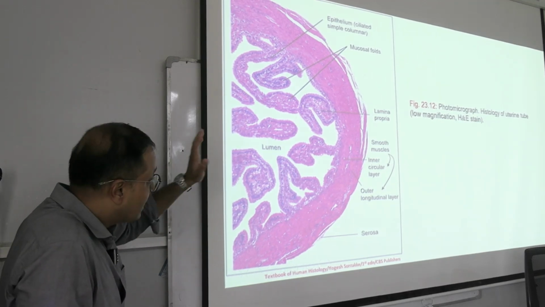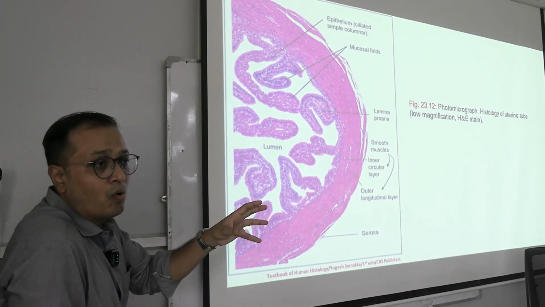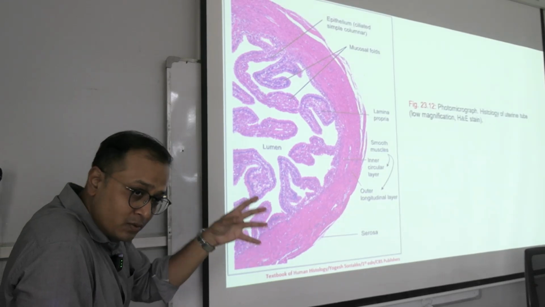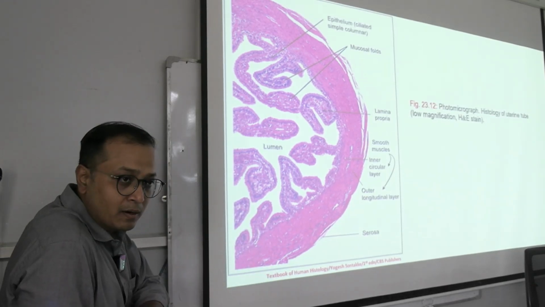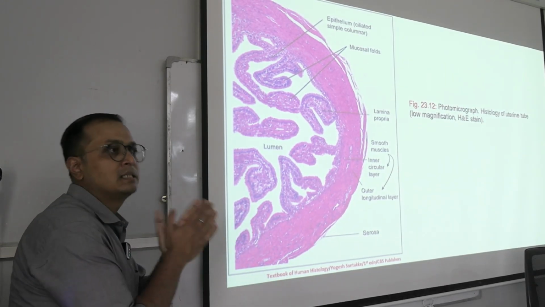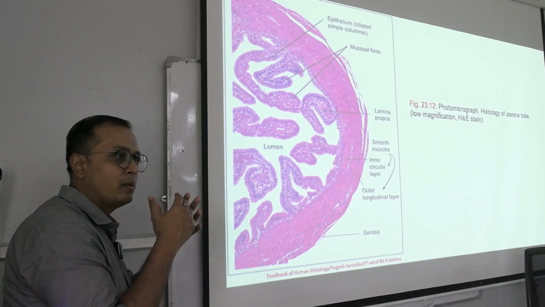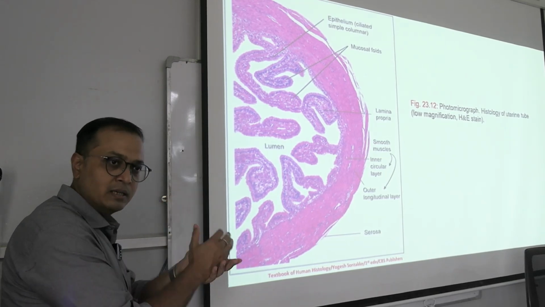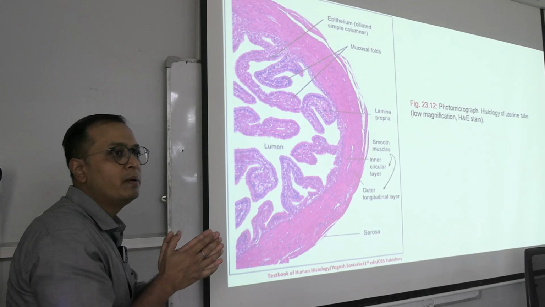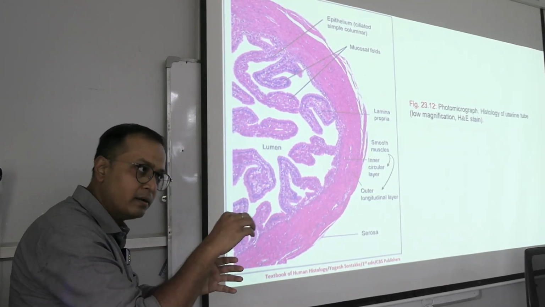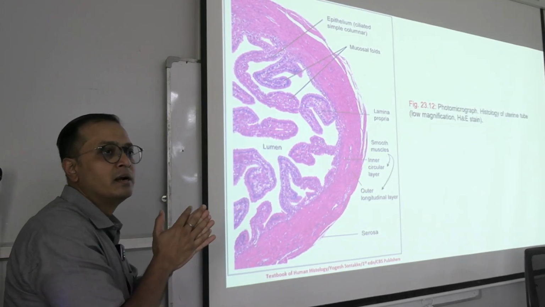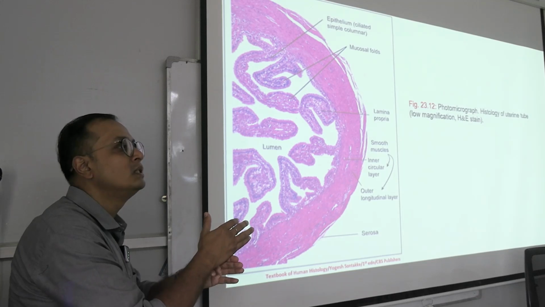The second thing is that it arrests the quicker flow of the zygote from the fallopian tube to the uterus. The reason is that once fertilization has occurred, we have to prepare the body accordingly. We have to prepare the implantation bed, which requires some time and some hormonal changes.